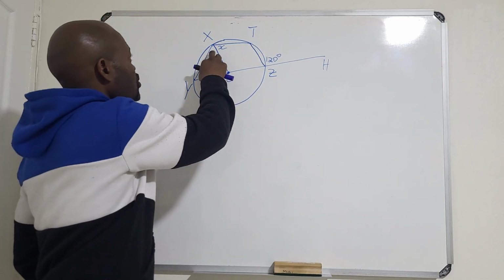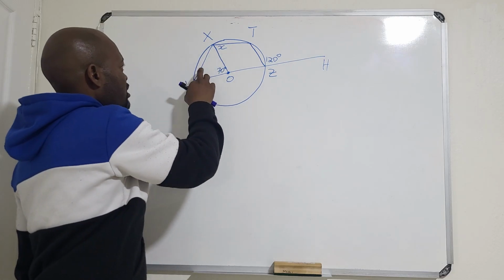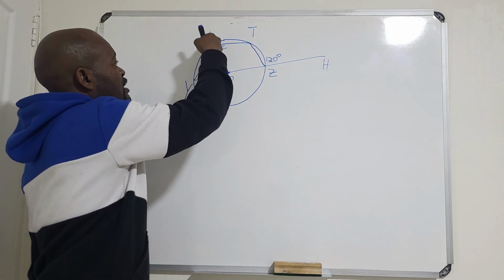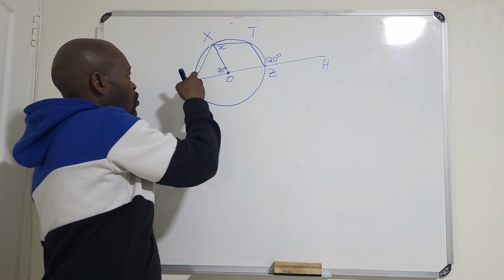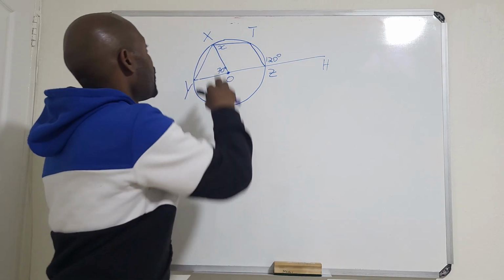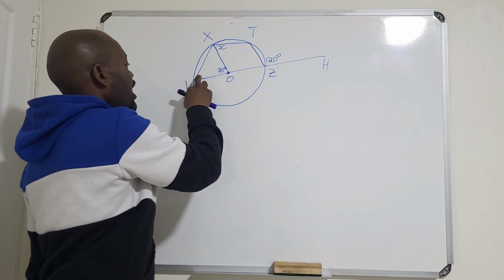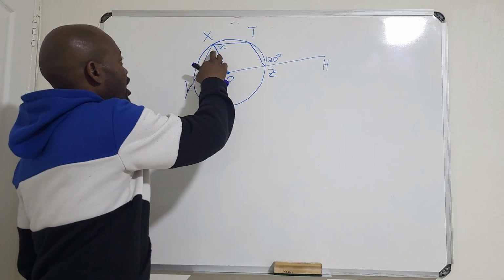For us to find this angle, we know that this angle is equal to that angle, since this radius is equal to that radius. So we have radii here. Therefore, this angle is equal to that angle. Then we can find that angle there.